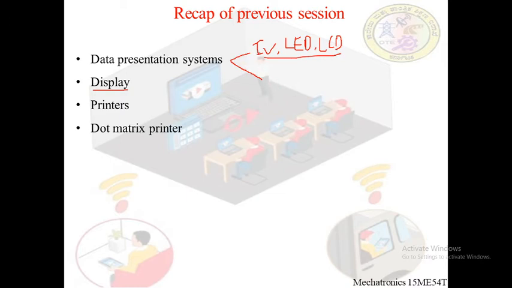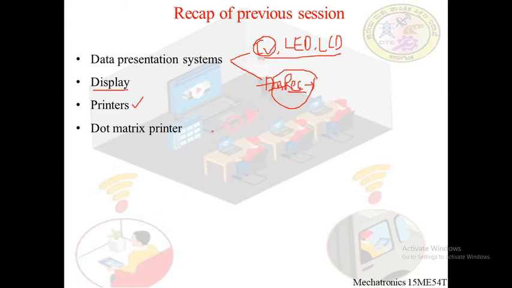And further, after the indicator types of data presentation systems, we saw recorder type. So they record the information in the form of memory storage, CDs and hard disk, charts, graphs, etc. This type of output forms the recorder type.